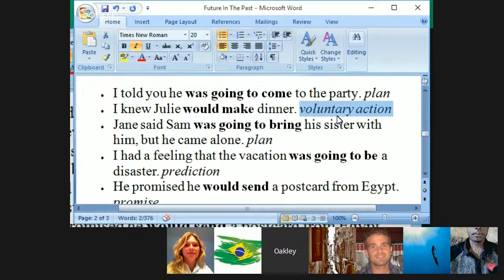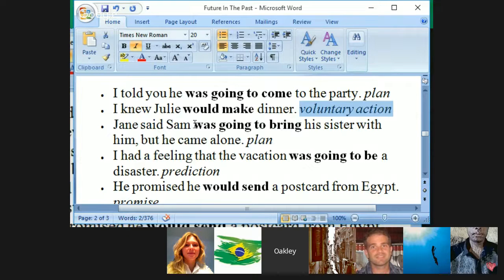Many times, it's really not going to matter to the listener or reader which one you mean. So sometimes it doesn't matter at all. Sometimes it might be important that the listener or reader understand that it's a plan, a voluntary action, a prediction, what have you.